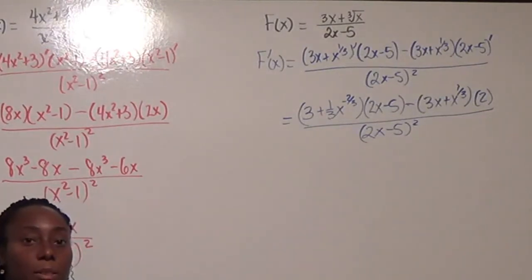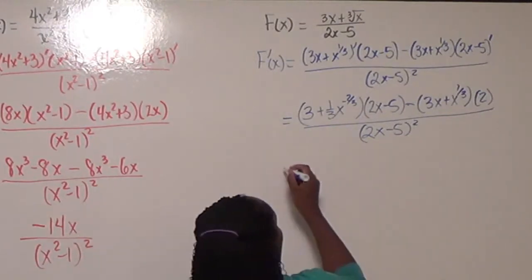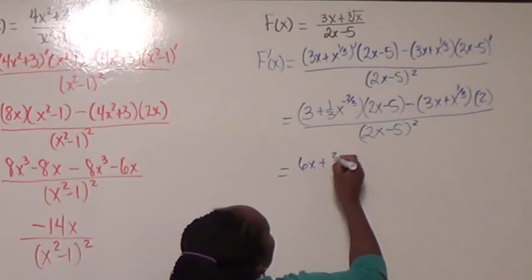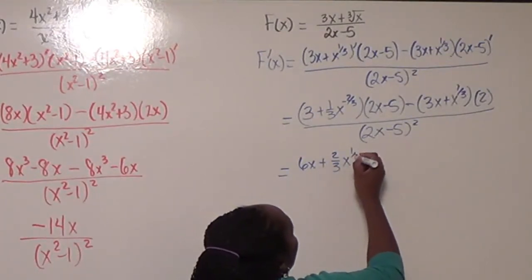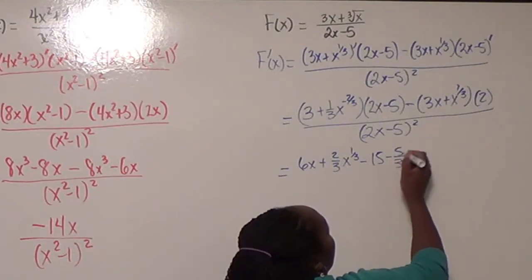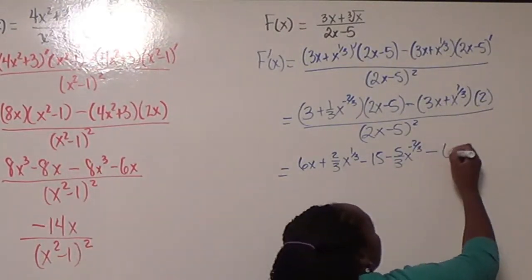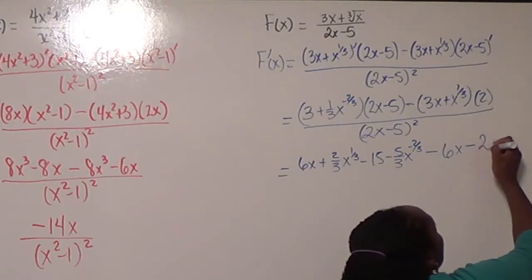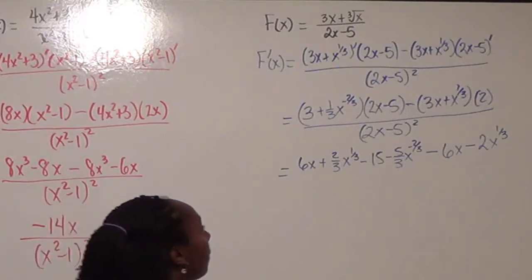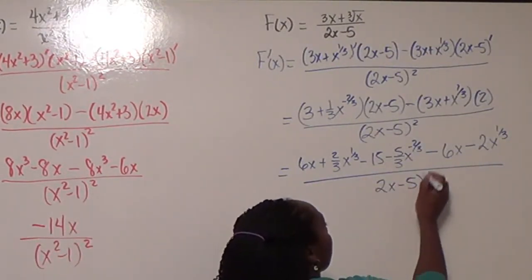At this point, it's a matter of simplifying. We're going to distribute on the top. So we'll get a 6x plus a 2/3 x to the 1/3 minus 15 minus 5/3 x to the negative 2/3, minus, distributing here, a 6x minus a 2x to the 1/3. Again, don't forget to distribute. All of this is over our denominator squared.